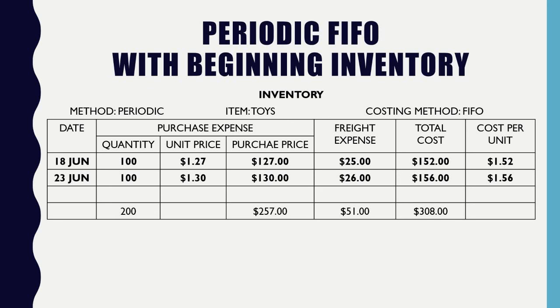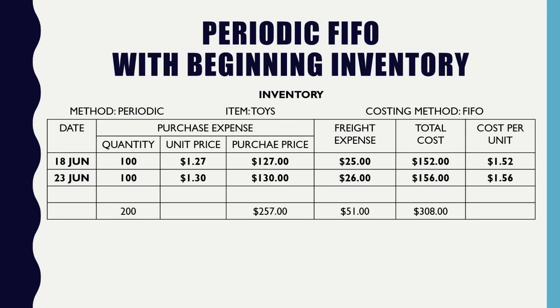By calculating the total of each one, I have $152 and $156, which if I calculate the cost per item, for every item I sell it's only going to be $1.52, and this one is going to be $1.56. All right, I calculated the totals at the bottom.